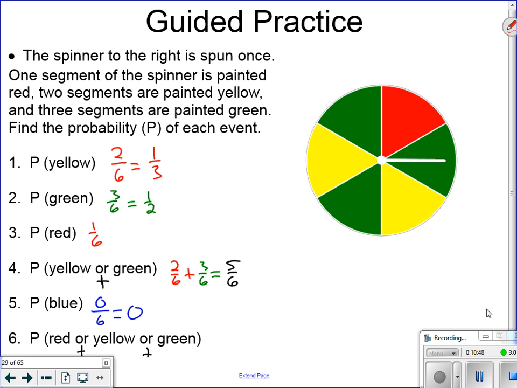So red was 1 sixth, yellow was 2 sixths, and green was 3 sixths. Now I'm doing the ones out of 6. I'm not using the simplified ones because I have to add them together. And remember, when you add fractions, you've got to have the common denominator. But 1 plus 2 plus 3 ends up being 6. So this is 6 out of 6, which ends up being 1. And again, if you look at the spinner, all 6 of them are either red, yellow, or green. So it's certain that you're going to spin one of those.